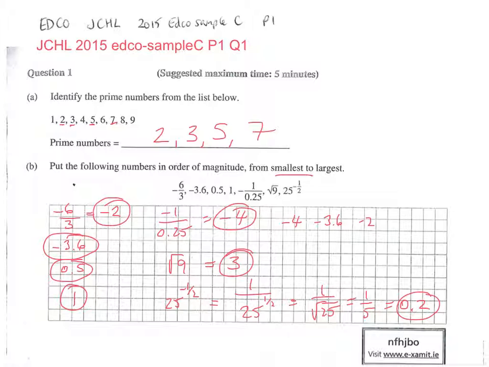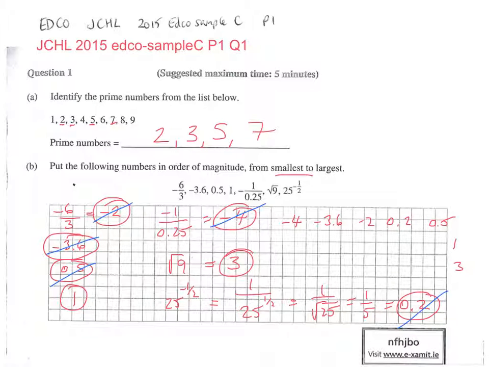And you might want to check them off as you go along, so that you don't miss any out. Now they're all the negative numbers, and then we move on to the positives. So we've got 0.2, 0.5. We've got, running out of space here, 1 and 3.